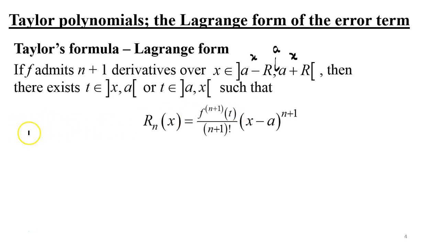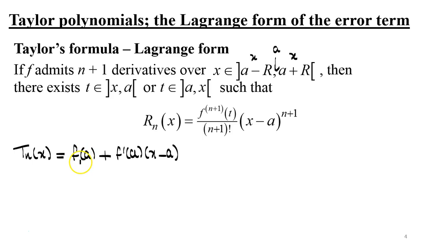So in fact, over here, if we start with the Taylor polynomial of order n, we have Tn of x to be f of a plus f prime of a times x minus a. Now over here, the first term is f of a because when k is equal to 0, the derivative of order 0 is the function itself. Now for k equal to 1, we'd actually have the first derivative times x minus a over 1 factorial.